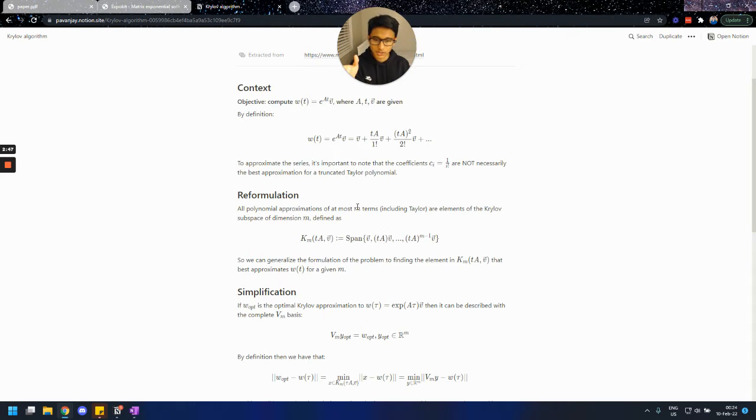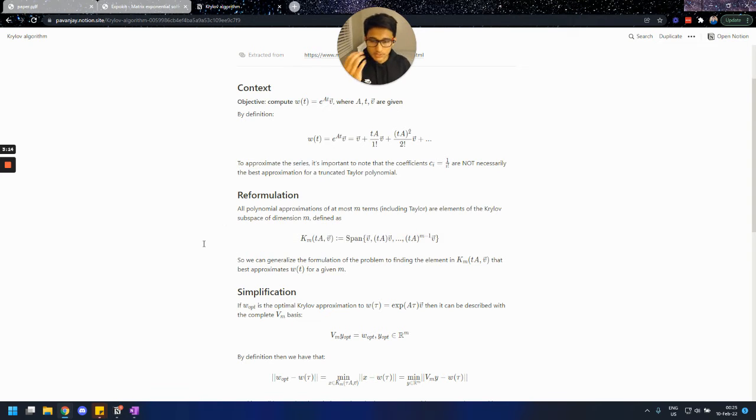So it's a set of vectors of each v multiplied by tA raised to some degree. So this Krylov subspace, you could imagine, is actually a general description of all approximations of the truncated polynomial of the matrix exponential.